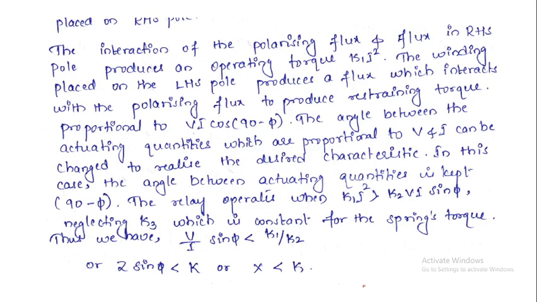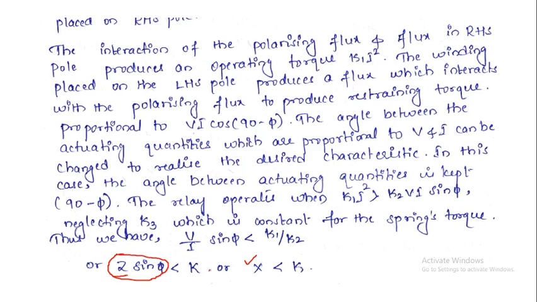And neglecting K3, which is a constant for the spring's torque, we have K1 I square greater than K2 VI sin phi. Thus if I rearrange the terms, I am going to get (V by I) sin phi is less than K1 by K2. Okay, simply I have rearranged the terms here. V by I, which is Z, the impedance term, into sin phi is less than K. Or this entire term I can represent as a reactance.